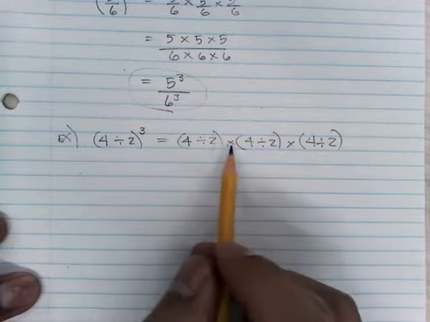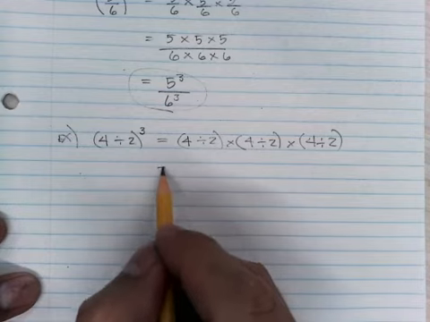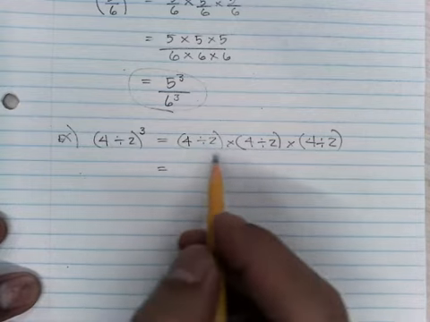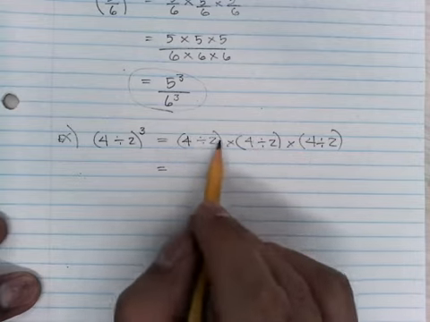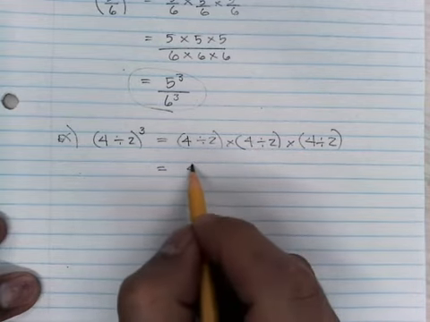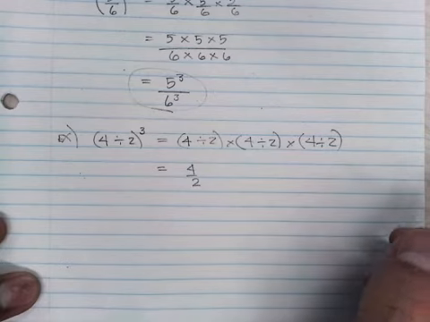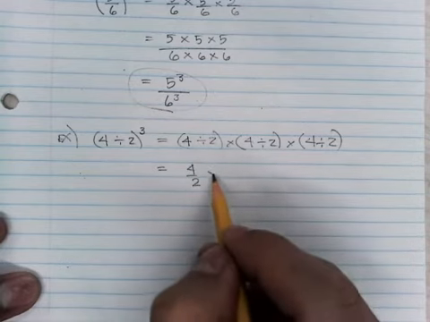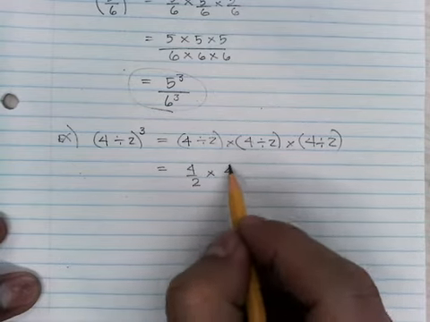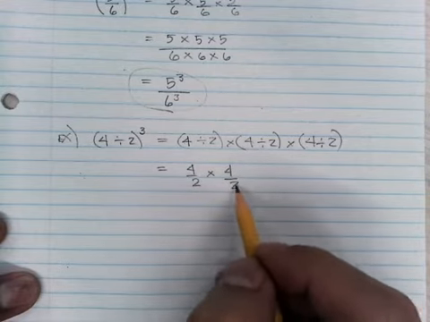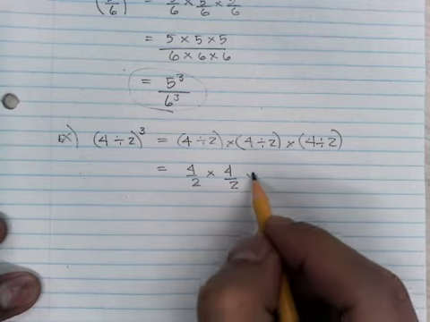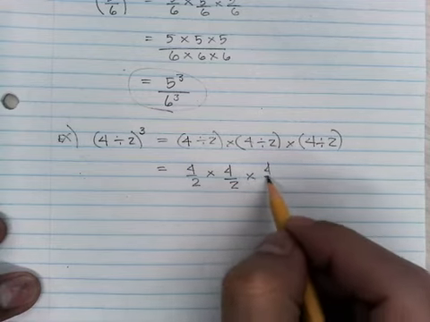Honestly, there is no way for me to get around this but to rewrite this as a fraction again, because this 4 divided by 2 is essentially 4 over 2, since a fraction is the top divided by the bottom, times 4 divided by 2.